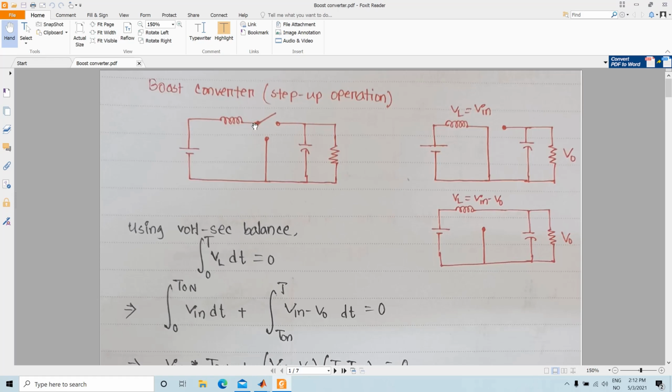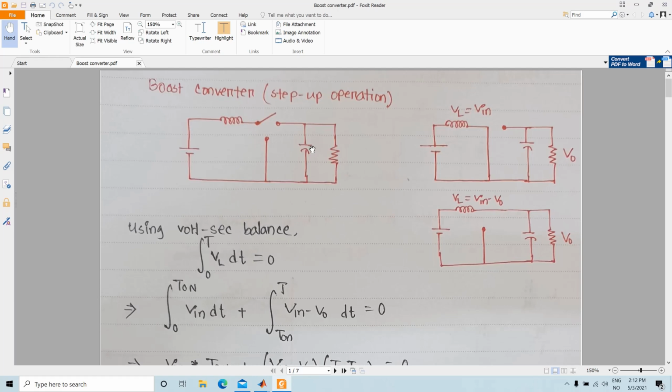Whenever your switch was switching, the input voltage came at the output for certain time, and for certain time when the switch was off, the input voltage didn't come at the output side, so the output average voltage was lower than your input voltage.